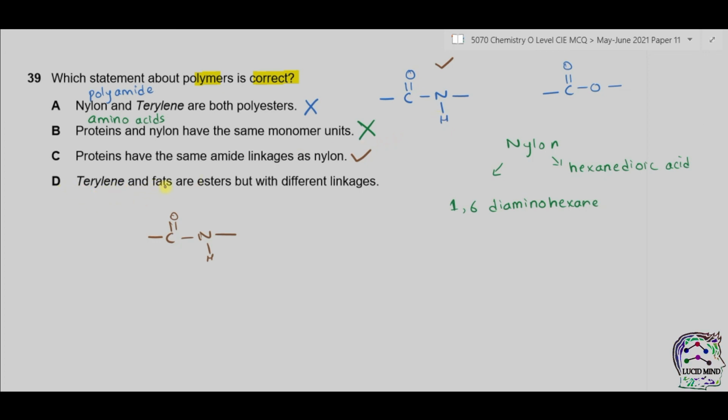Part D. Terylene and fats are esters but with different linkages. In terylene we have ester linkage. In fats we also have ester linkages. So as the linkage is the same, this statement is wrong. Correct answer is part C.